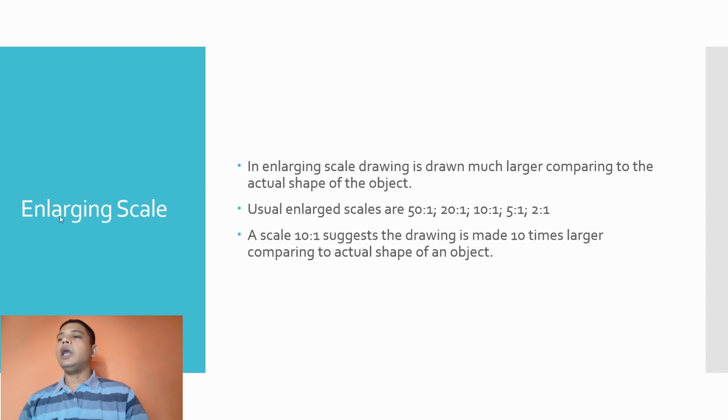Similarly, enlarging scale. In enlarging scale, the drawing is drawn much larger compared to the actual shape of the object. This is just the opposite of the reducing scale. In this format, we are enlarging the actual size of the object in our standard drawing production. Usual enlarging scales are 50:1, 20:1, 10:1, 5:1, 2:1.